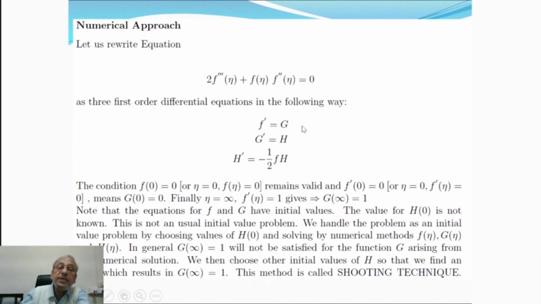So f prime is g, g prime means f double prime, and h prime means f triple prime, which equals minus half f into f double prime, that is minus half f into h, because h is g prime, which is f double prime. This is how we can rewrite the Blasius equation.